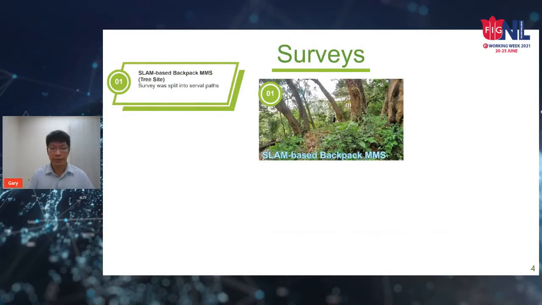About 85% of the subject area was covered by the tree canopies. Due to this, we selected the SLAM-based backpack MMS in this project. In order to minimize the accumulated error, the survey was split into several parts.